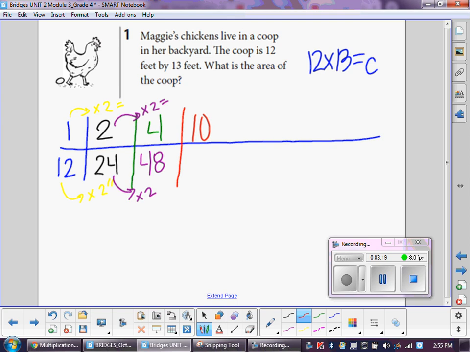I sure could. Is there a more efficient way, using powers of 10? Brielle, what could we do? You could add a 0, but remember, folks, we're not really adding a 0. What we're saying is that 1 times the power of 10 equals 10. Therefore, we have to do 12 times the power of 10, or 10 12s.